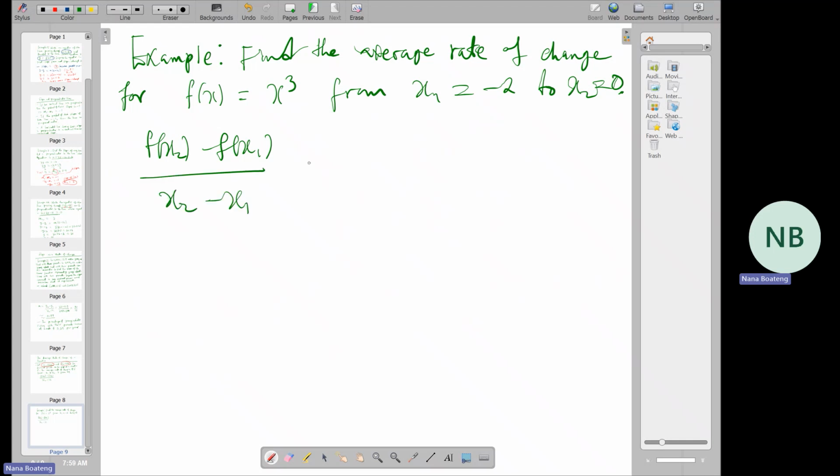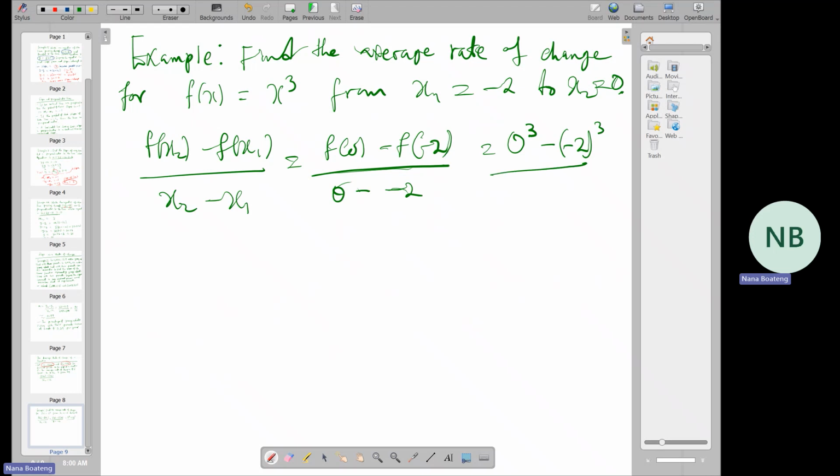So this equals f of 0 minus f of -2, divided by 0 minus -2, which becomes 0 plus 2. f of 0 is 0 cubed, which is 0, and f of -2 is -2 cubed, which is -8.